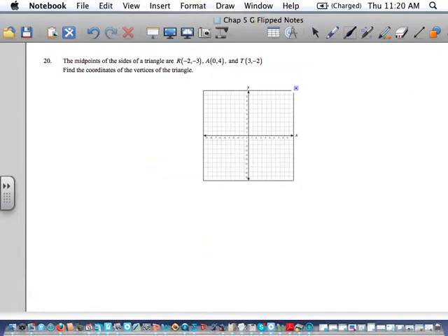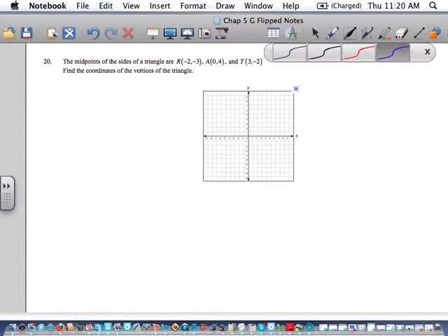Number 20 asks you to find the midpoints of the sides of the triangle, and this is probably the hardest question on the test. So let's take a look at this, and then I've actually added another one. We'll take a look at a second problem like this. I have a point R at -2, -3, right here.